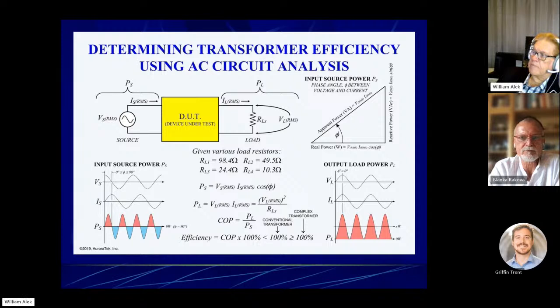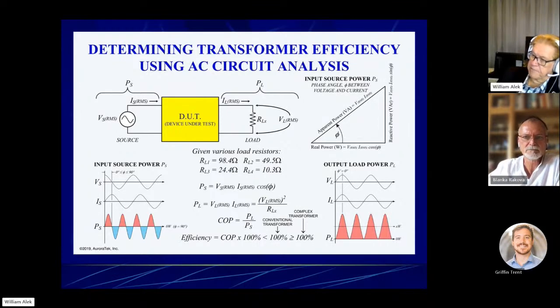And so how do we measure AC circuit analysis? Well, we look at these various values here, and then we look at the phase shift, okay? The apparent power versus the real power, and that's where we see the reactive power, okay, on our technology.